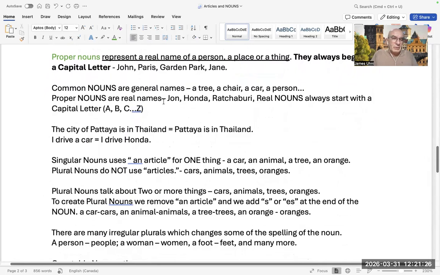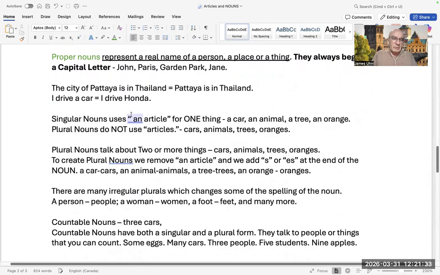Now, this we had already covered, so we can delete this part so we don't talk about it again. Then we have: the city of Pattaya is in Thailand. I drive a car, I drive a Honda.